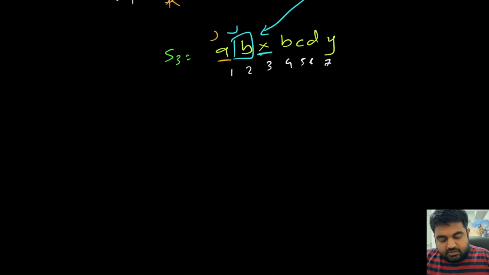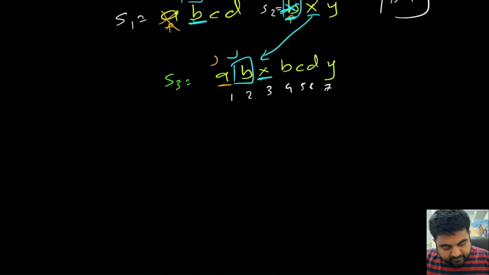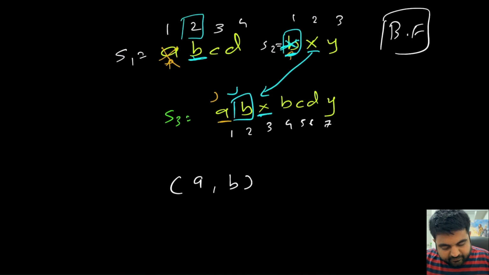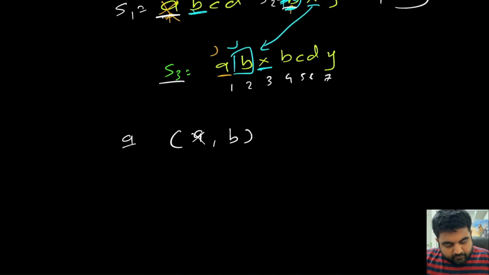So in the simplest terms, we are making a decision tree where the very first choice we have is amongst A and B, the first two characters. And in S3 we have a character A that we compared. So now we get rid of this one.